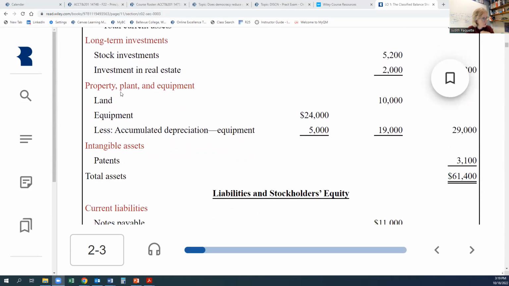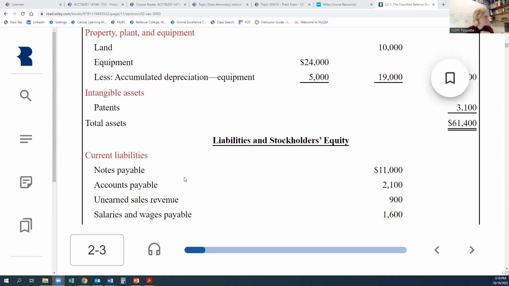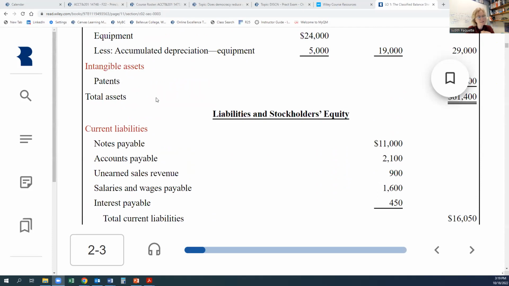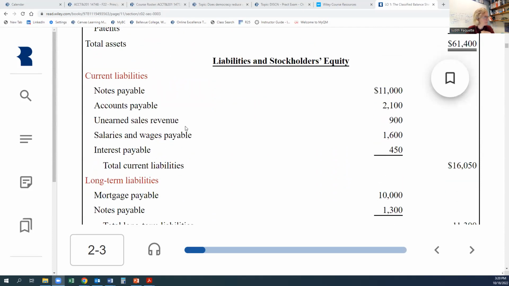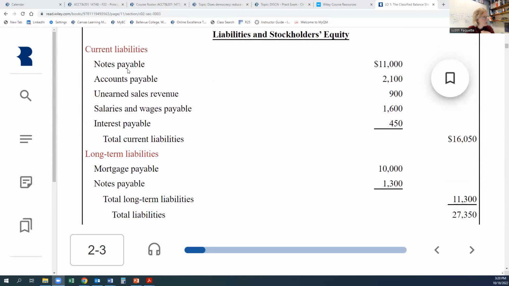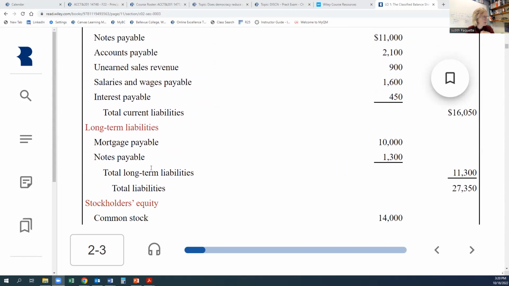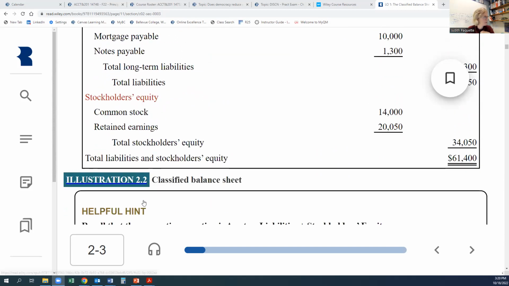Property, plant, and equipment, the order, it's telling you what the order is: land, building, equipment. Intangible assets, I don't care about the order. Current liabilities, notes payable, then accounts payable, and then the rest, I don't care about the order. And long-term liabilities, usually it just put it in the order it's given. Okay.